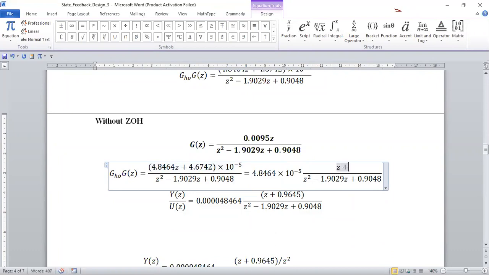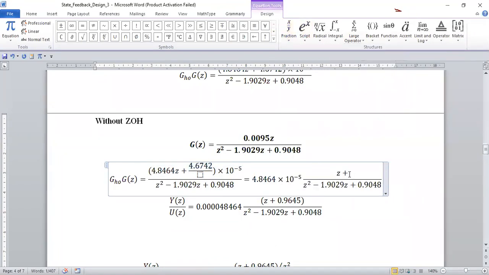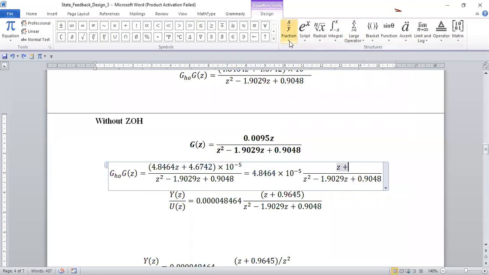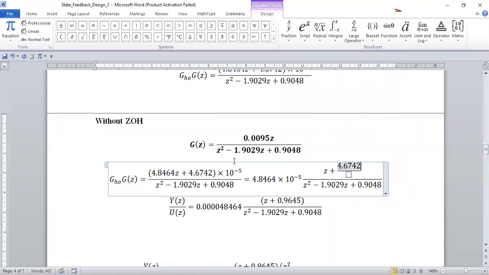Then this particular expression is just divided by this.